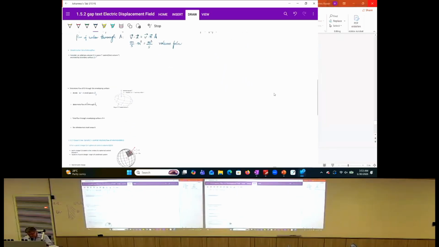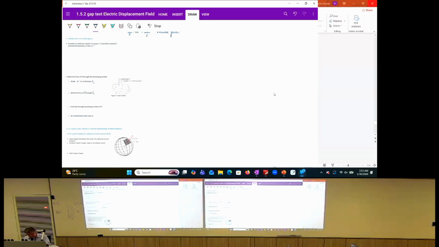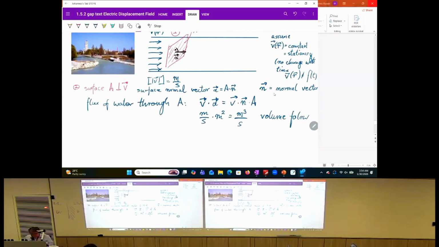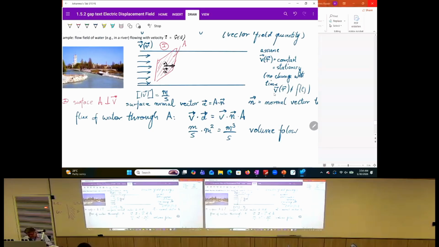Now, I just want to make some space again here. Sorry. The second scenario is if you orient your surface, for which you want to assess the flux through it, like this. Again, the area of that element is A. This is now a second scenario, and the normal element is given here.